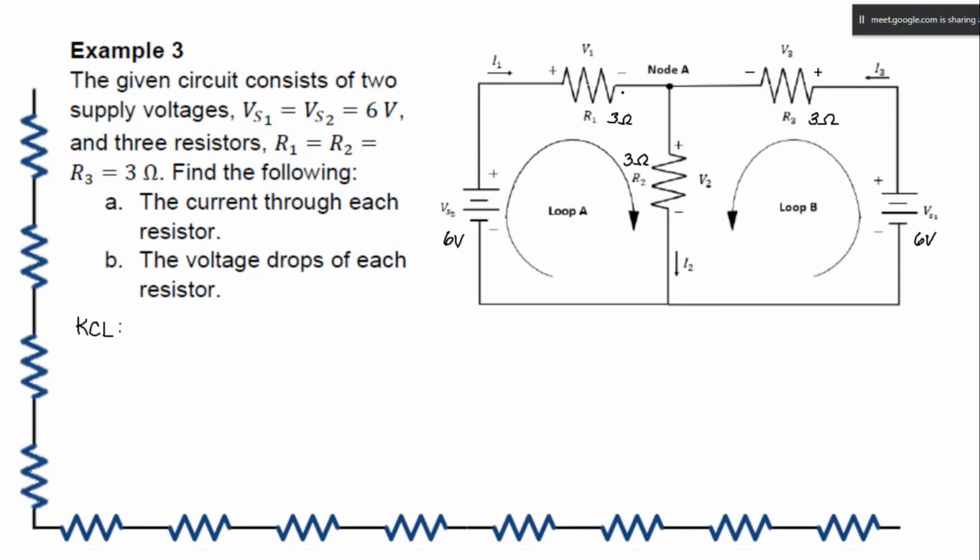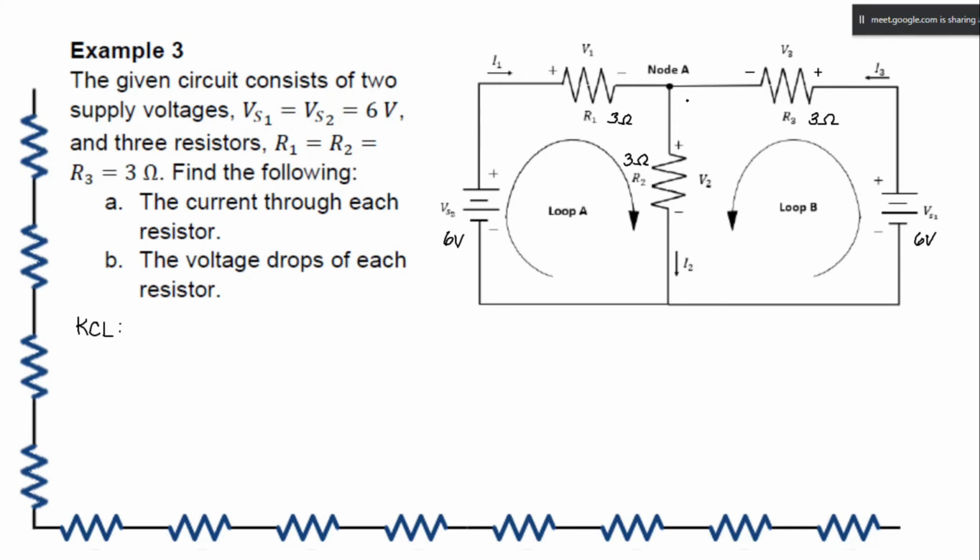Pero what if wala po tayong node na label sa isang problem? Basta meron po tayong intersection of our wires, tapos yung wires na yun connected sa mga other elements, may node na po na tinatawag iyon. And usually, ang node po is represented by a shaded po na circle or small circle.